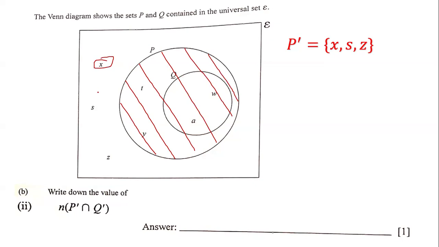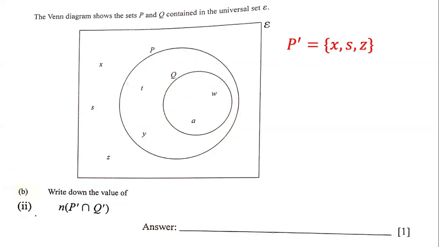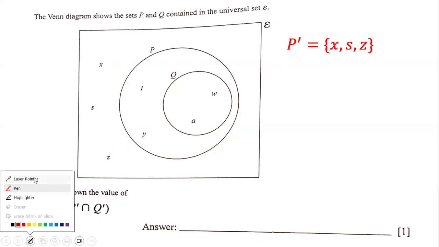So X, S, and Z are the elements that are inside the universal set, but they are not part of set P. And so they're going to be a part of P complement. Now we need to determine what Q complement is.